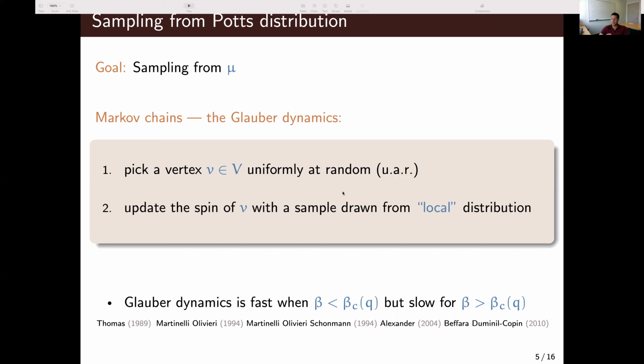But when beta is above the critical point, then we know that it's actually quite slow. It takes exponentially many steps to converge. I'm being slightly informal here about what I mean by convergence, but I'll be more formal in the next few slides. The important thing is that when beta is large, which corresponds to the so-called low temperature regime, the Glauber dynamics becomes slow.